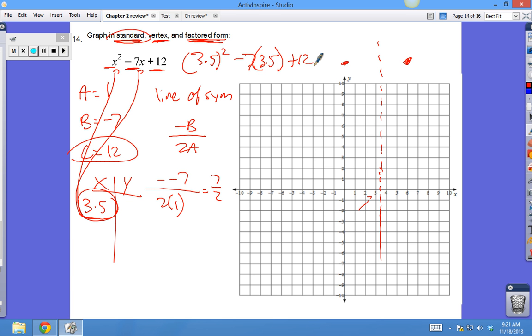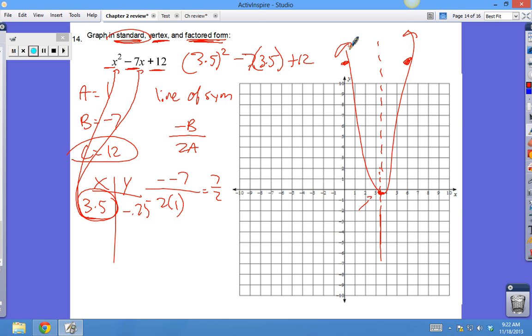So that's all calculator. 3.5 squared. And you should get a negative 0.25. So negative 0.25 is right there. Parabola is done.